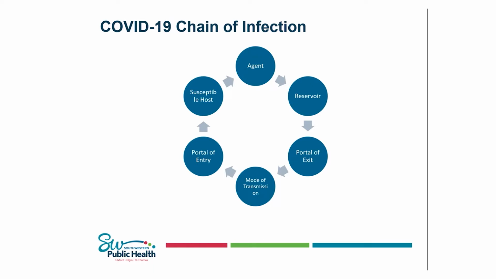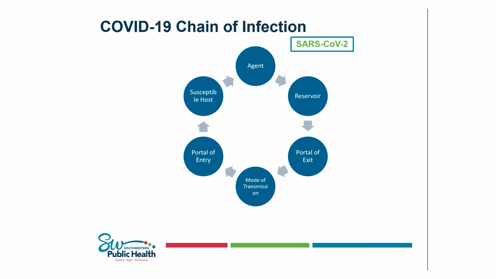So using COVID as an example, this is the chain of infection, very simply put. So if you can advance the next slide, it will start to add to our diagram there. Yes, thank you.